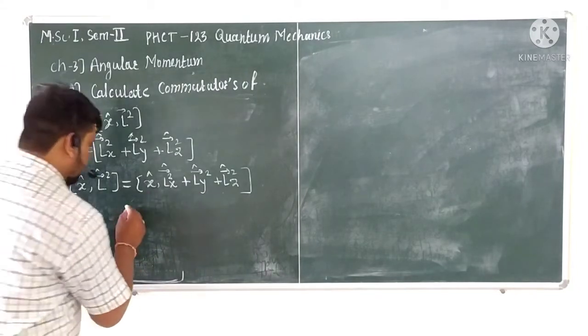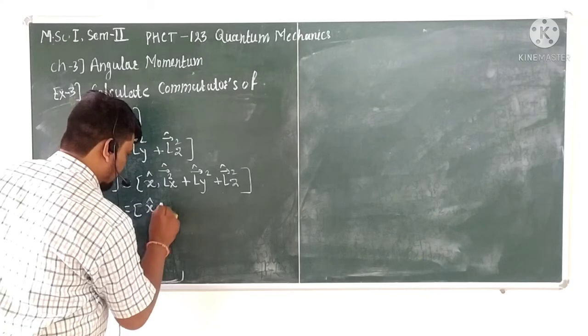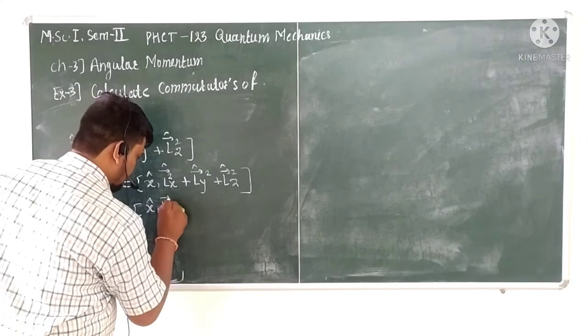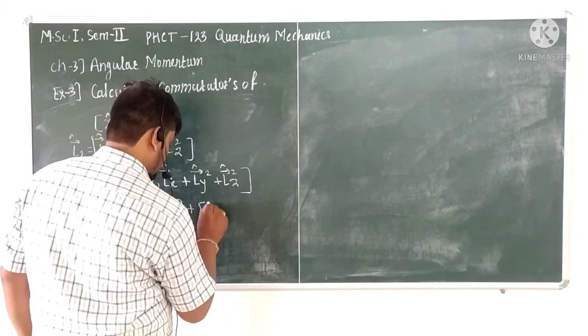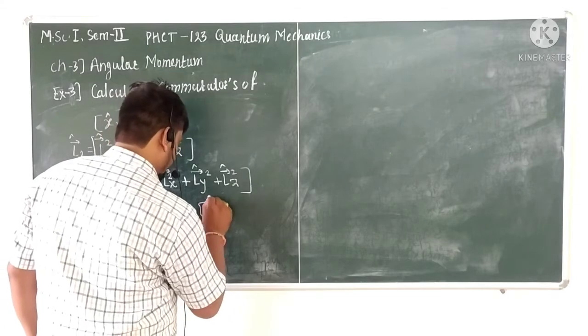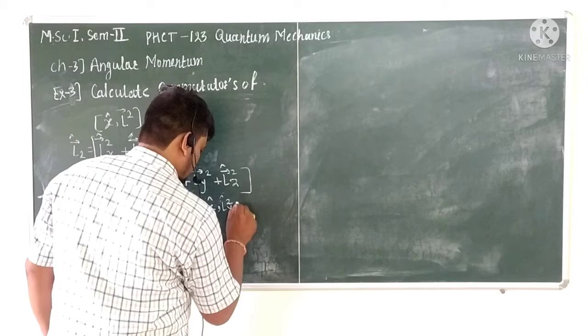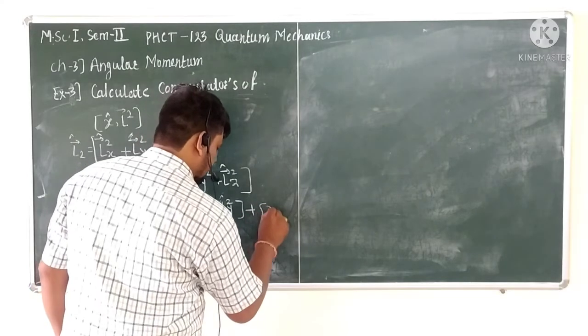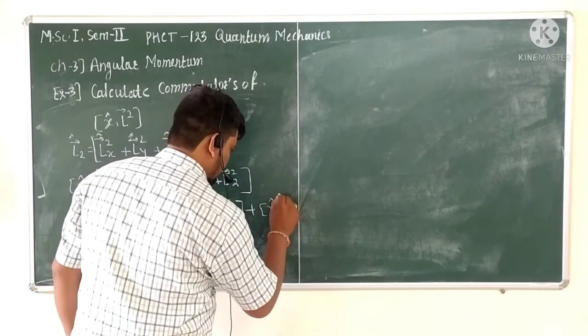So we have to write here x cap comma Lx square, okay, plus x cap comma Ly square and plus x cap comma Lz square.